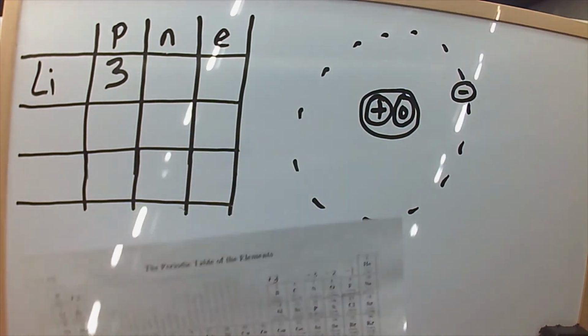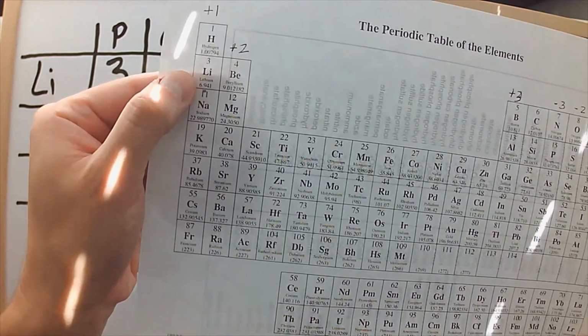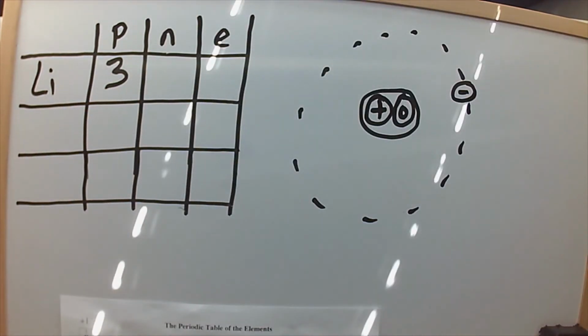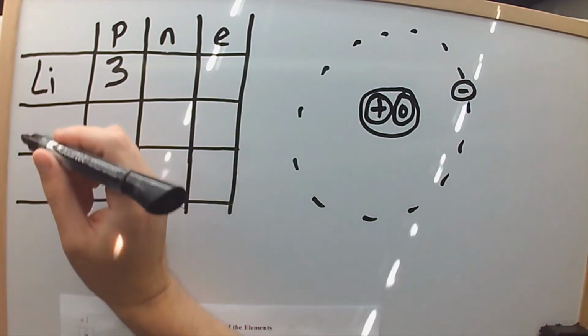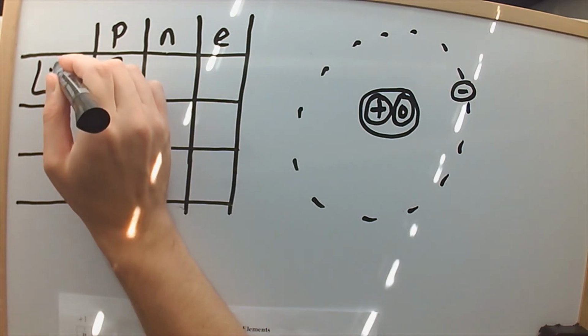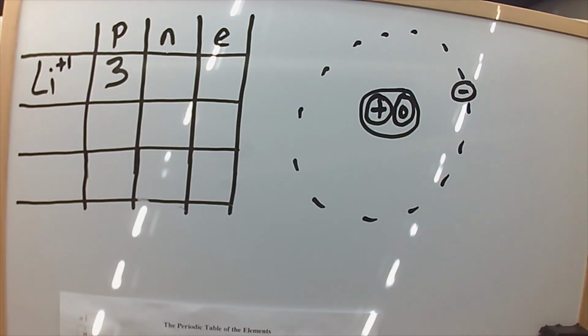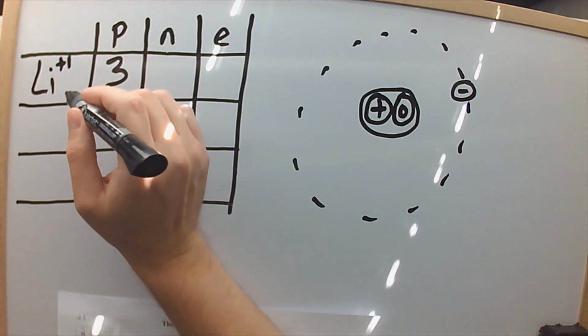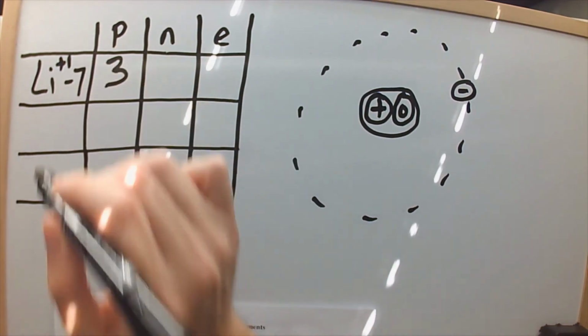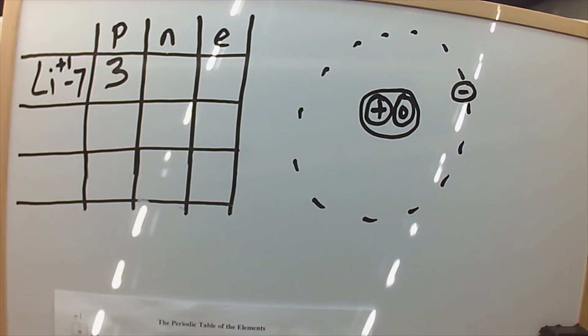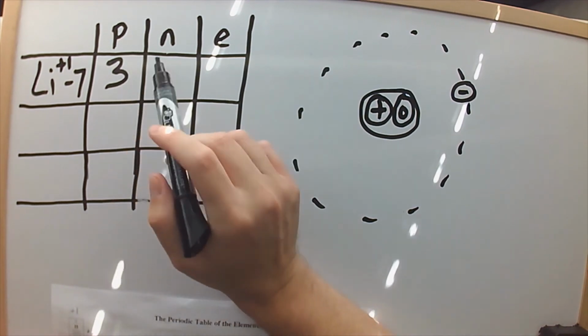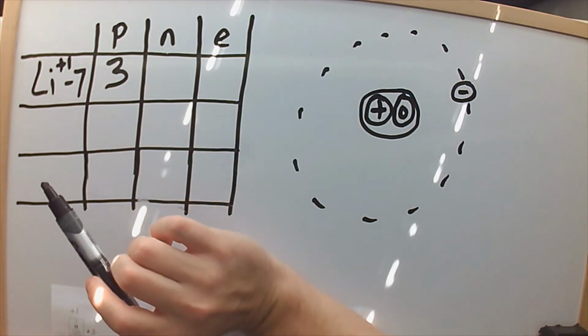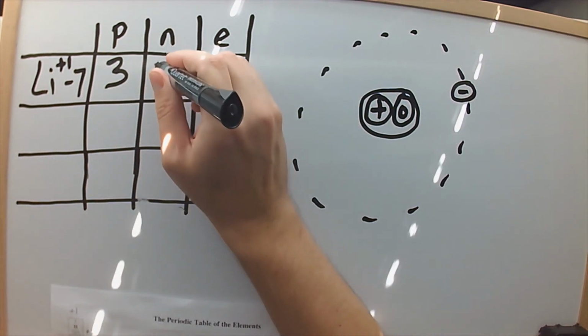And again, if you look at the periodic table, lithium is number 3, so it has 3 protons. Now we can worry about the rest. So if lithium has a positive 1 charge, which will be shown as an exponent like that, and a mass of 7, remember, neutrons are just the difference between the protons and the mass. So it has 4 neutrons.